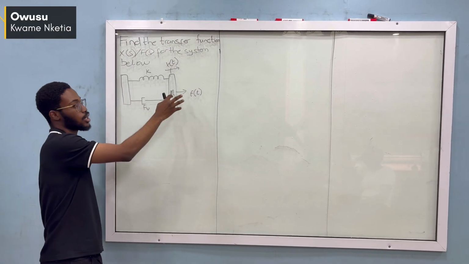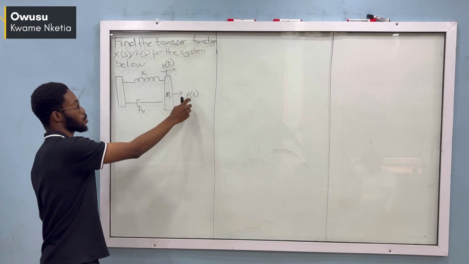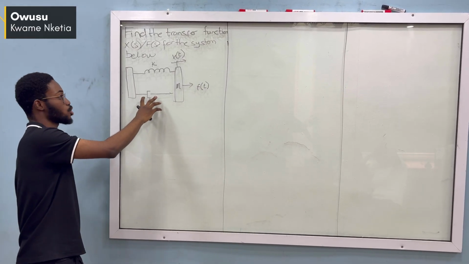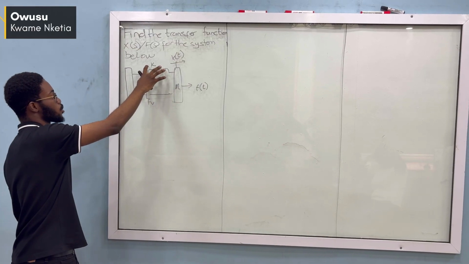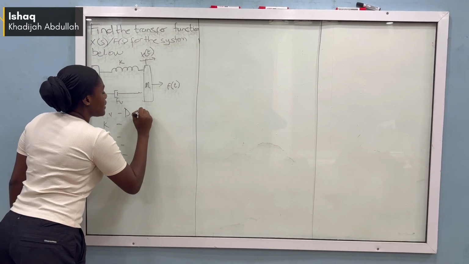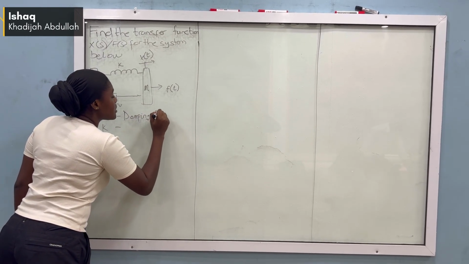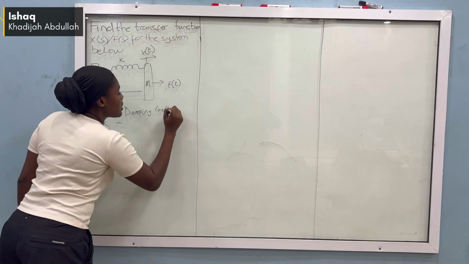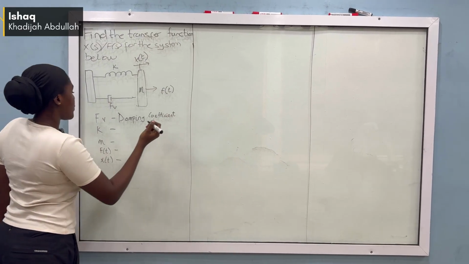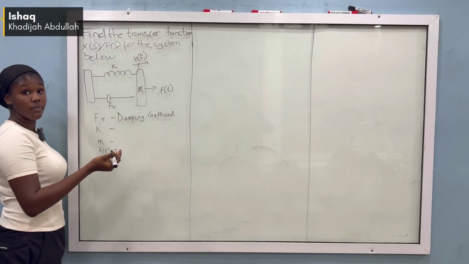There are three forces acting on the object: the net force, the damping force, which opposes velocity, and the spring force, which opposes displacement. From the diagram, Fv represents the damping coefficient, where the damping force opposes velocity.